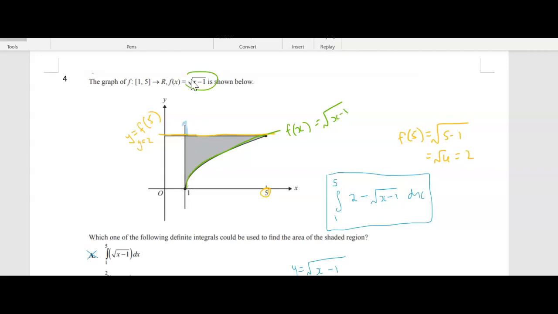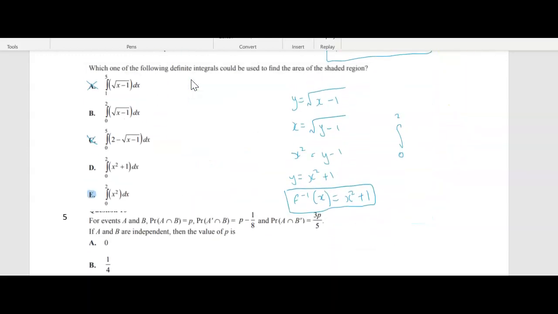This line here going through x equals 1 now becomes y equals 1. So that's why we're going to be doing x squared plus 1 as our top curve minus 1 dx. So then we're left with x squared plus 1 minus 1, which just gives you x squared.